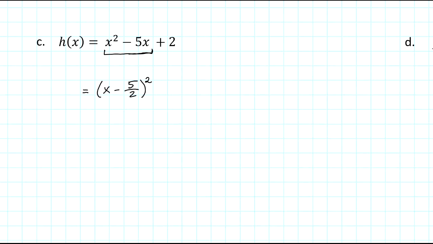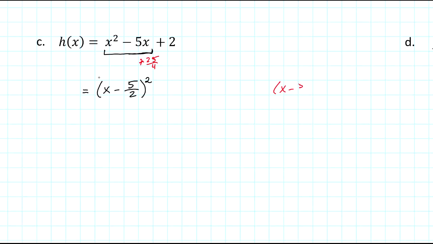And then we need to say, okay, if we FOILed this, we would end up with a 25 over 4 as a consequence. We just added 25 over 4 as a consequence of squaring that 5 halves. So again, I'll show this.